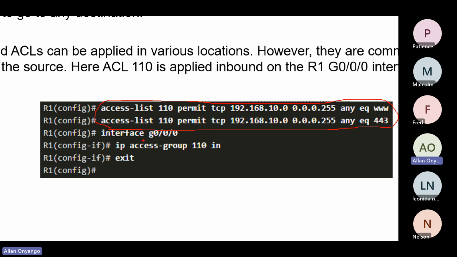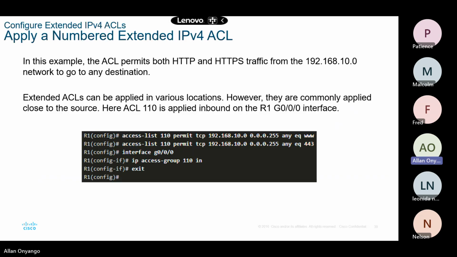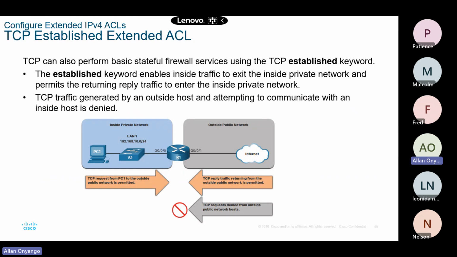You have to go to the interface, for example, G0/0/0, and say ip access-group and use the number, which could be 110, since here it is 110. And you must put the direction, in or out. So in this case, it's in. And then your access list is complete. All right. That is very important.